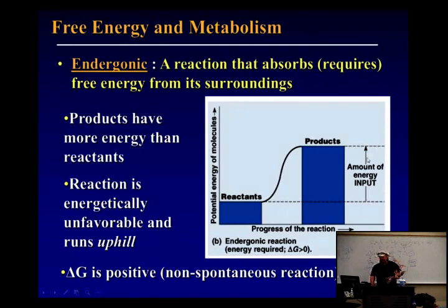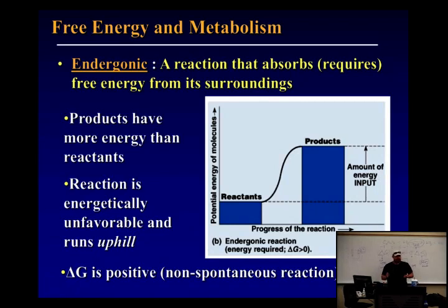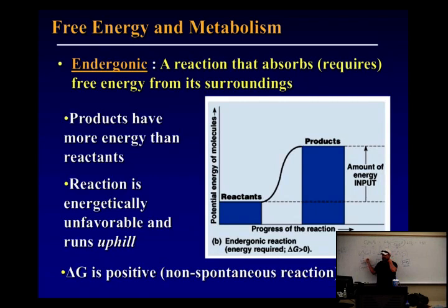So here's the difference. What does this arrow represent? The difference is the delta G. Is this delta G positive or negative? It's positive, right? So is it spontaneous or non-spontaneous? Non-spontaneous. So enzymes are required to make it spontaneous.